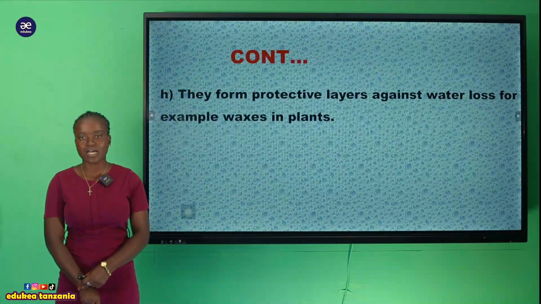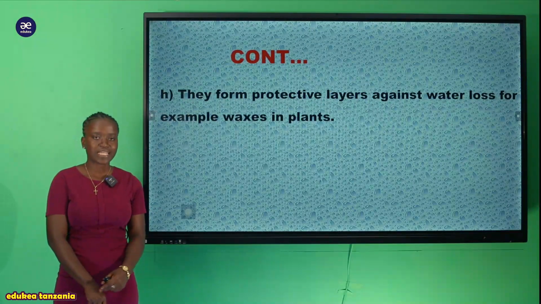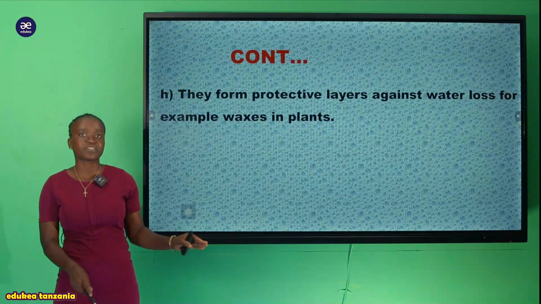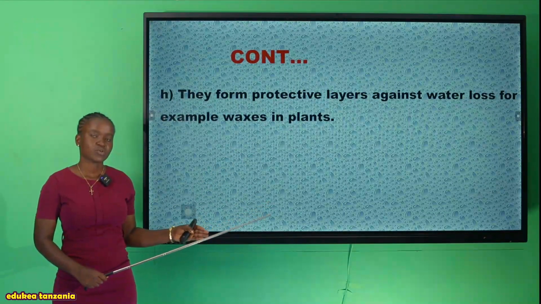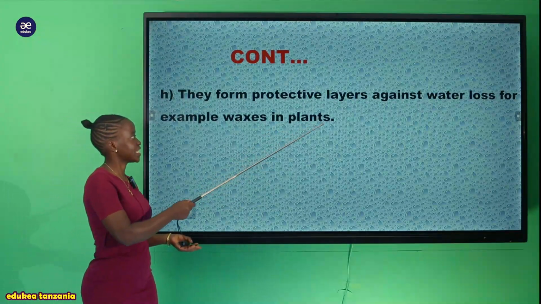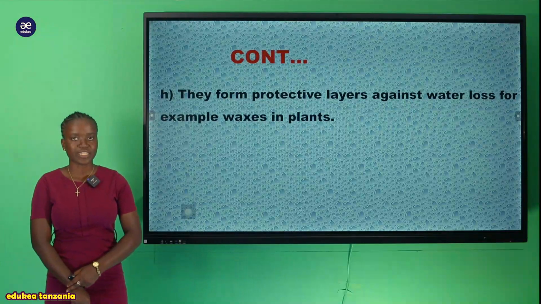We have already seen, I hope you know the structure of a leaf. So within the leaf there is a cuticle. Within the cuticle is where you can find these waxes. So it tends to protect the layers against the water loss within a plant.